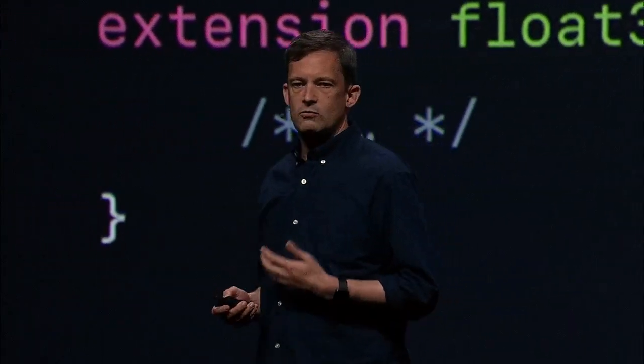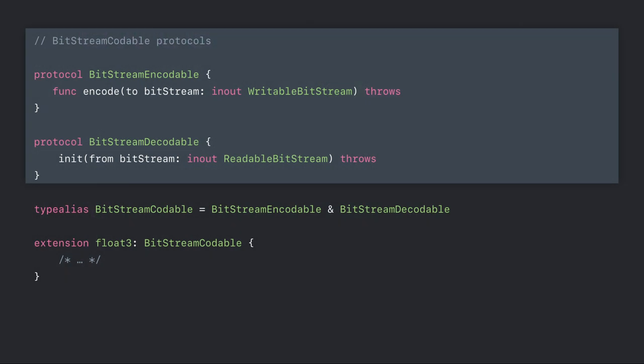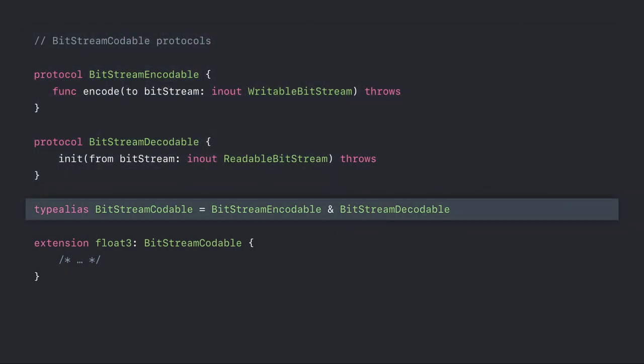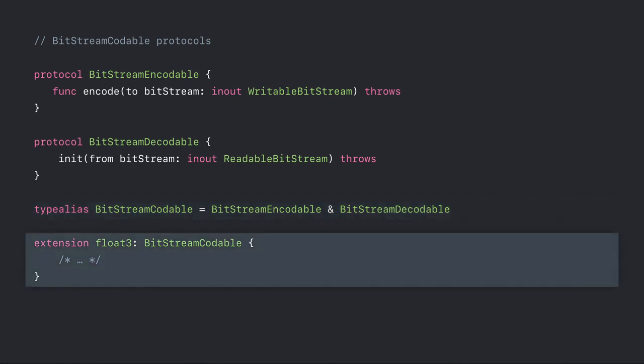To help implement this, we created 2 protocols, bitstream encodable and bitstream decodable. Combine those and you get bitstream codable. And then we marked all the objects that we needed to serialize using that protocol. That includes both our own data objects and the objects we use from the system, such as the SIMD floating point vector type.